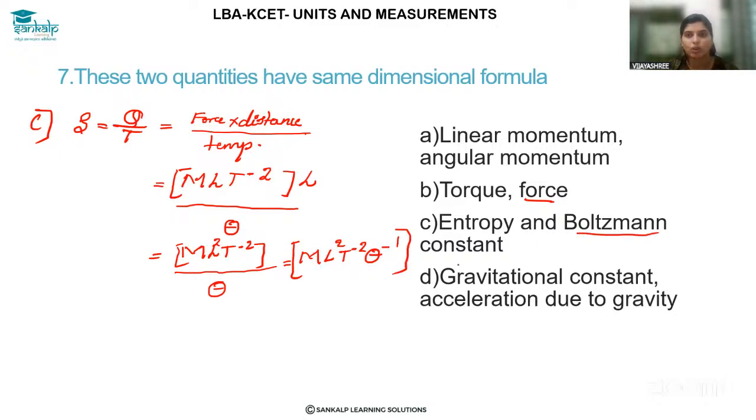Then the Boltzmann constant. What is the dimensional formula for the Boltzmann constant? The Boltzmann constant is K, KB. So I am going to erase this. Just recall the dimensional formula: ML² T⁻², this raised to -2. Okay.